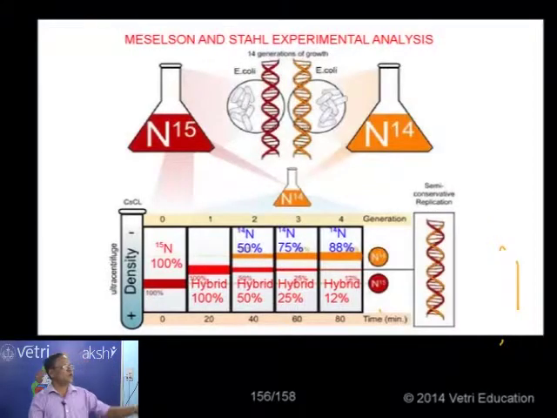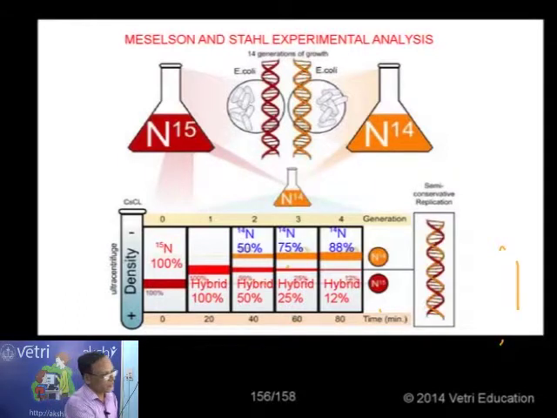And the same thing is represented here. This is DNA with density gradient, 100% N15. After 20 minutes we have all hybrid, 100%. After 40 minutes we have 50% light and 50% hybrid. After 60 minutes we have hybrid 25% and light 75%.